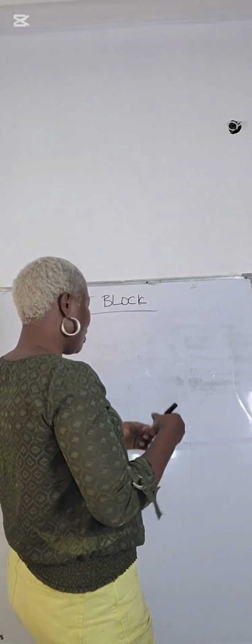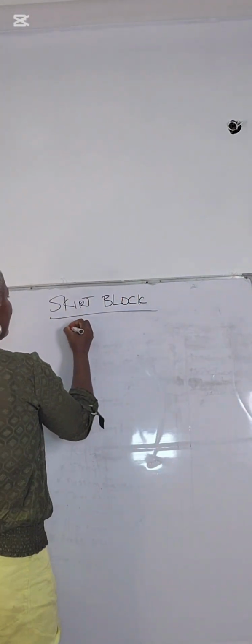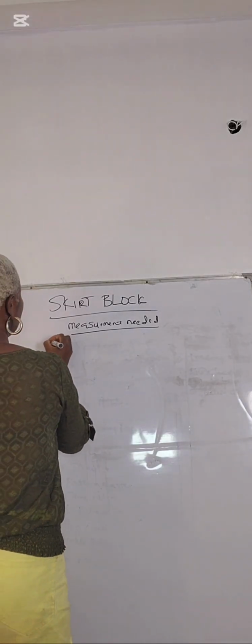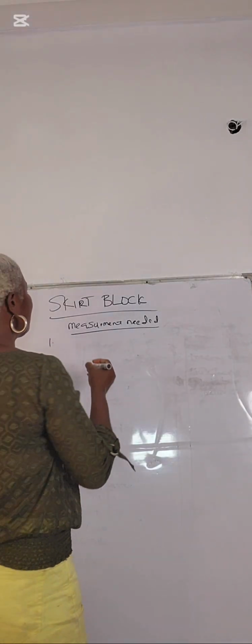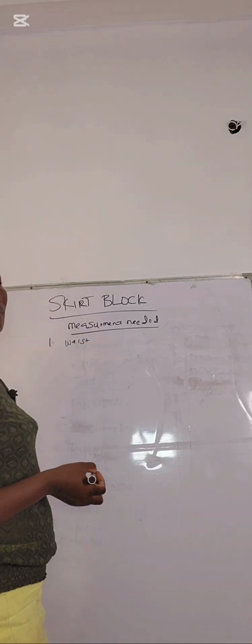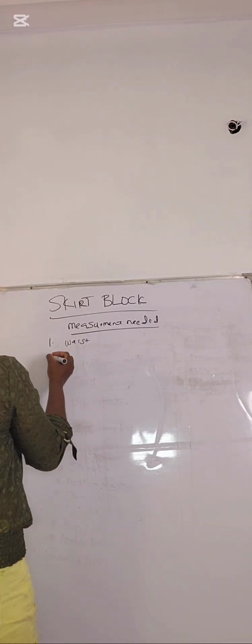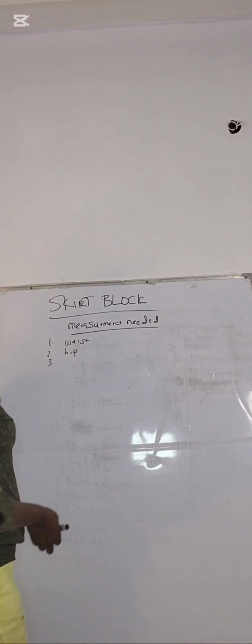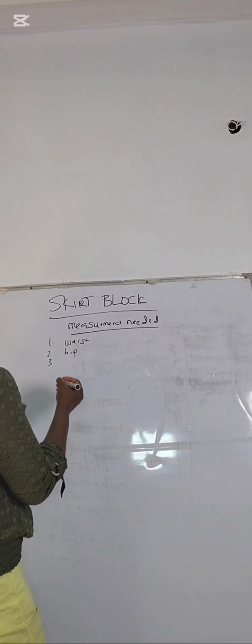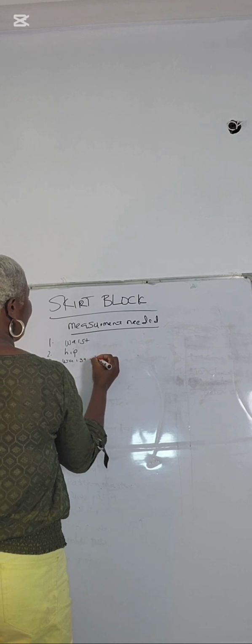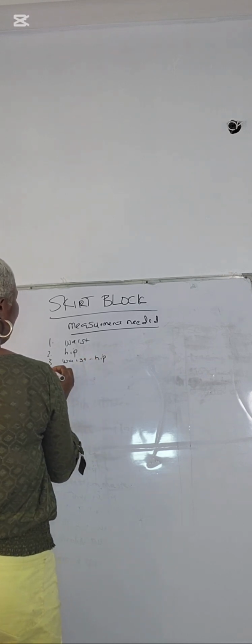So now, the measurements that we need for a skirt. Number one is our waist measurement. Number two is our hip measurement. Number three is our waist to hip.